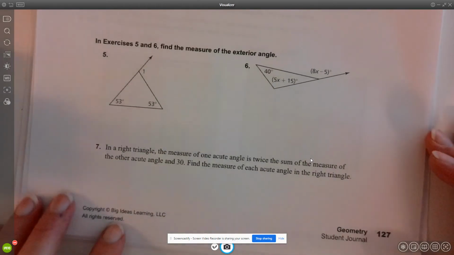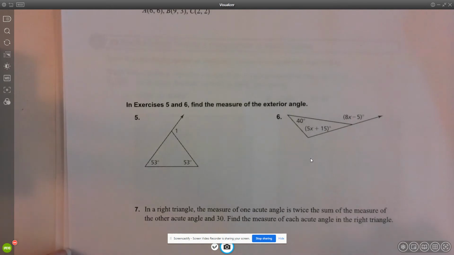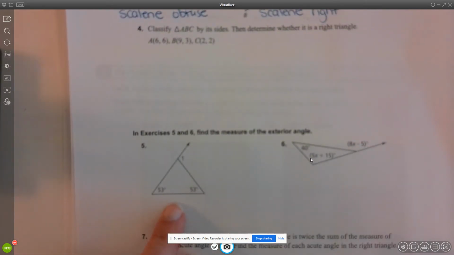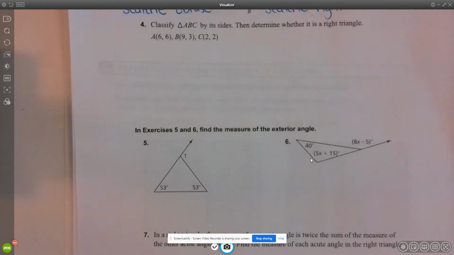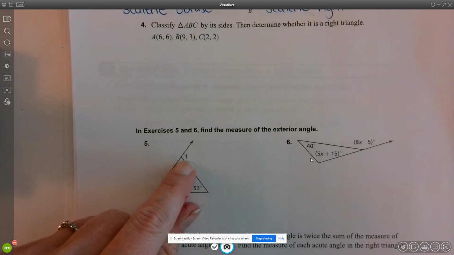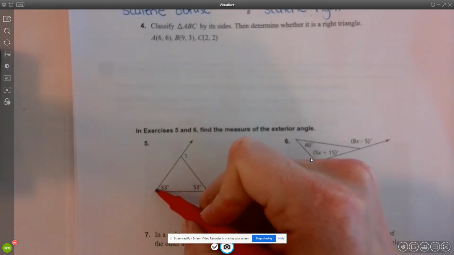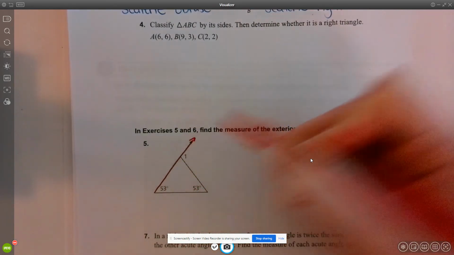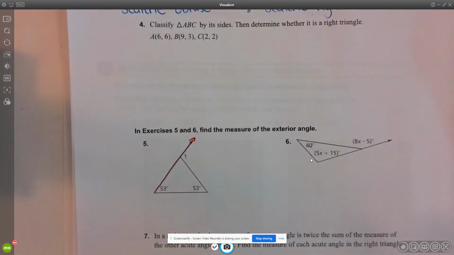So we're going to page 127. Let's start with number 5. We need to find the measure of the exterior angle. We are trying to find the measure of angle 1. I notice this is an exterior angle. If we were to take this side of the triangle and extend it straight out, angle 1 is an exterior angle.